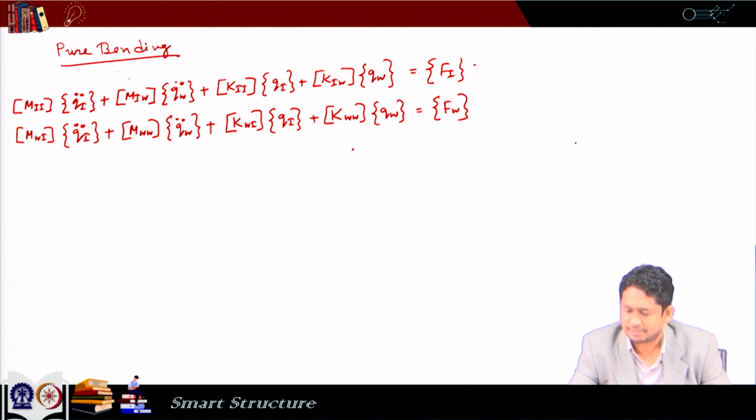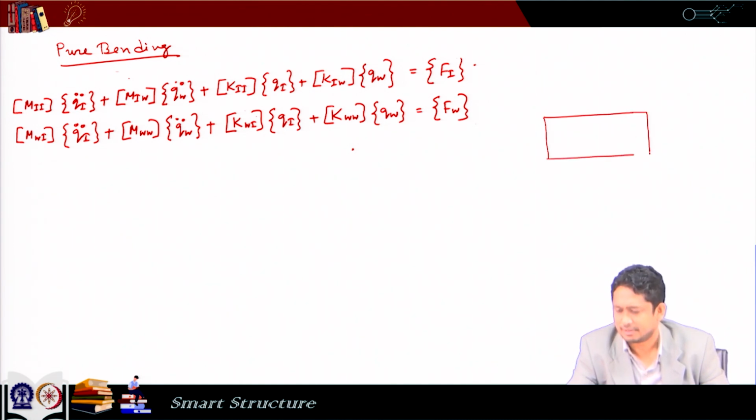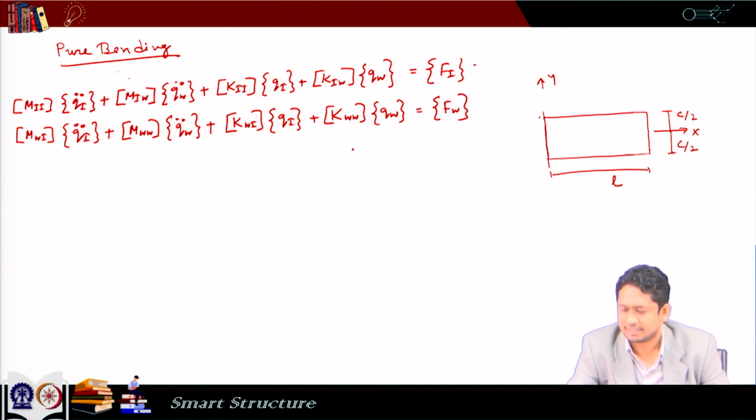Now again the structure is same. We have a composite laminate and the laminate is symmetric. Dimensions are same. This is our x axis, this is y. So this dimension is L and this is C by 2 and this is C by 2, and it is fixed at one end.